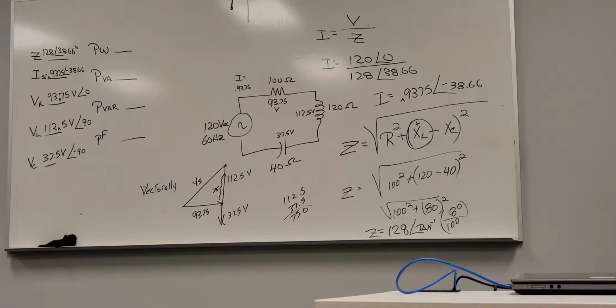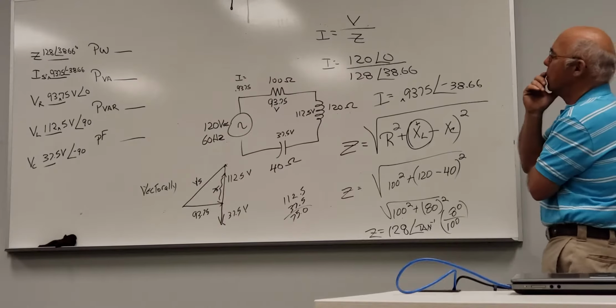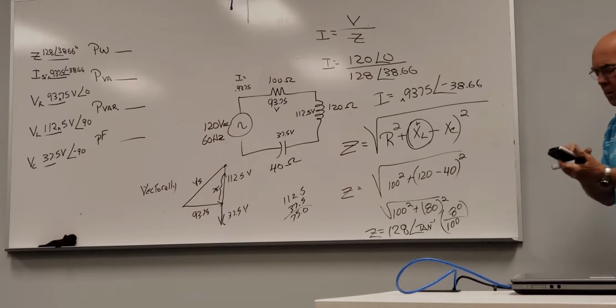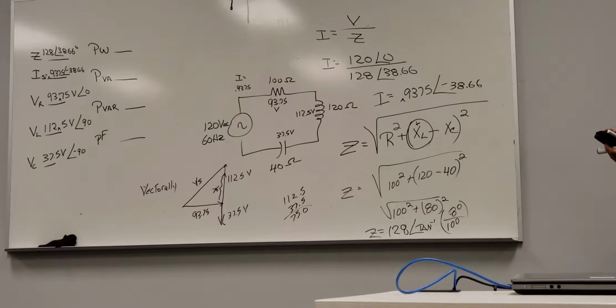You trying to see what the voltage is? You got the voltage right? Okay, 93.75 plus, you got them right? Yeah, okay, I got to subtract what I did. Okay. Parentheses, 112.5 minus 37.5, close parentheses.